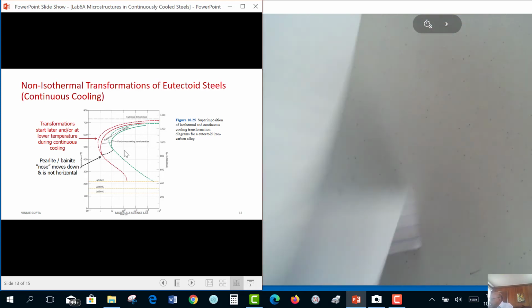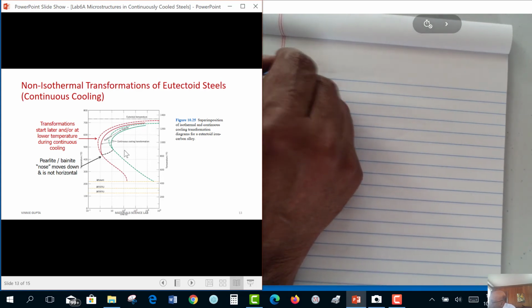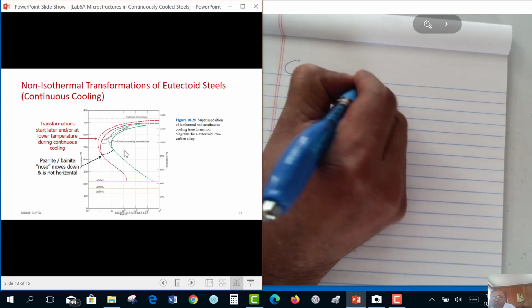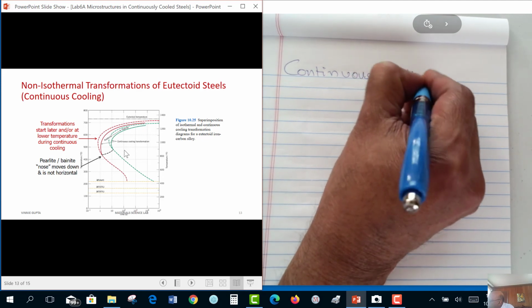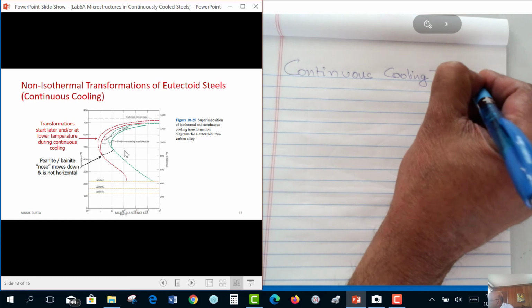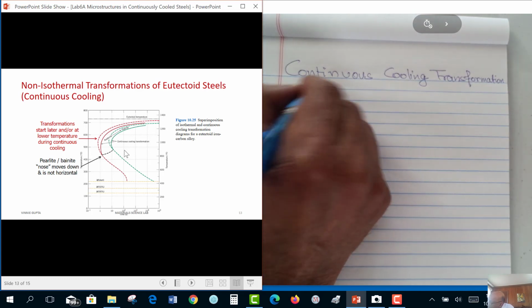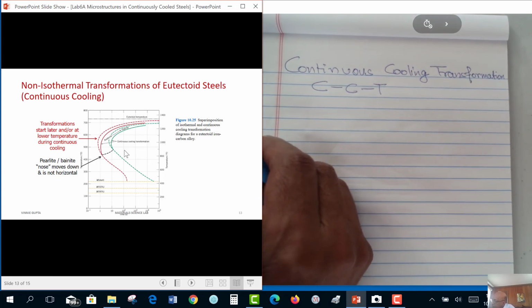So let's look at continuous cooling transformation diagrams. These are called CCT diagrams as opposed to TTT diagrams.